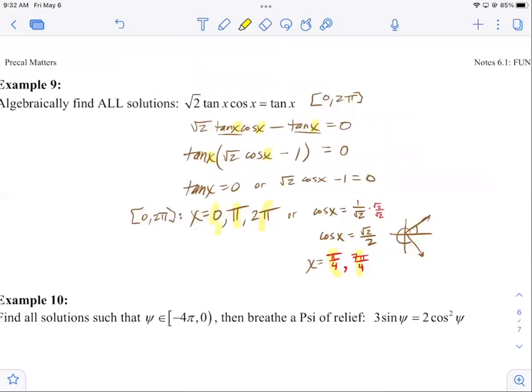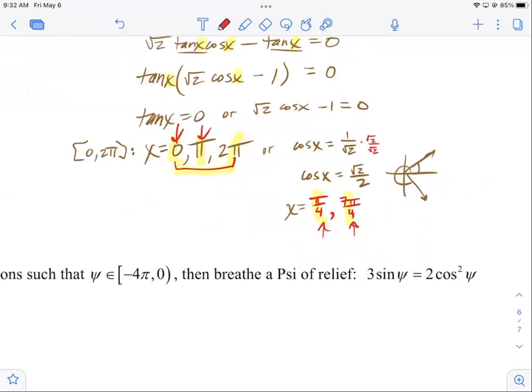Well, 0 is coterminal with 2 pi, right? I know that. Like 2 pi is really the start of the next rotation. So really, I have 0, pi, pi fourths, and 7 pi fourths, plus all of their coterminal angles. So here's the solution set, right? So x is going to equal 0 plus 2 pi n. x is going to equal pi plus 2 pi n. x is going to equal pi fourths plus 2 pi n.